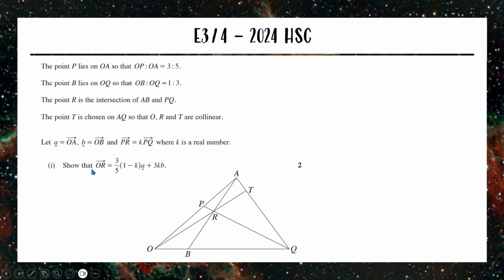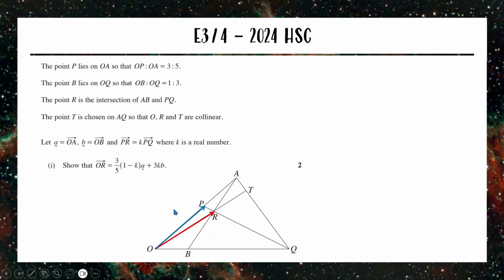Okay, part i, show that OR, so the vector from O to R, is given by this expression here. So we're trying to turn OR into a vector equation involving A's and B's. And A is from O to A, and B is from O to B. So let's think about OR. OR is the vector from here to here, so we can make that by doing OP plus PR.